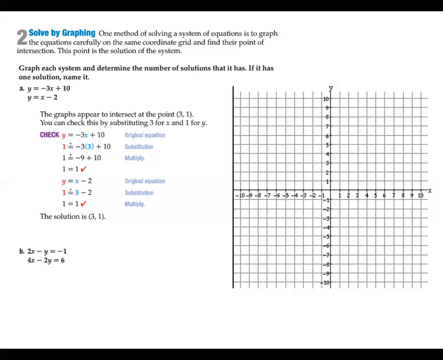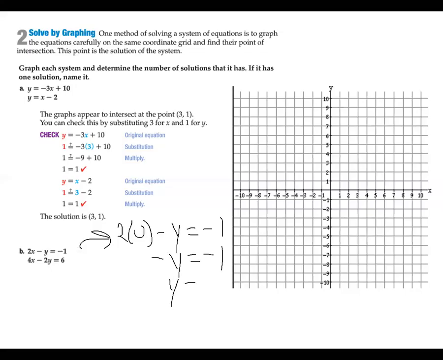Okay? All right, this second one, now you could solve this for y, or you could use intercepts to graph it. So if I want to use intercepts, to get the y-intercept, you plug in 0 for x and solve for y. If I plug in 0 for x, it'd be 2 times 0 minus y equals negative 1, which is negative y equals negative 1.